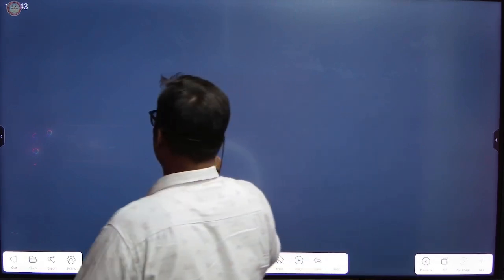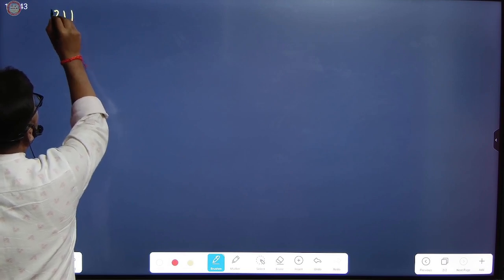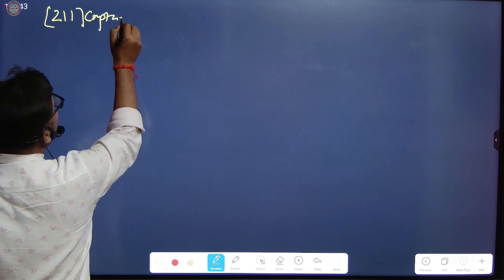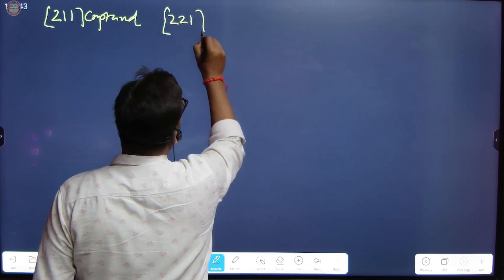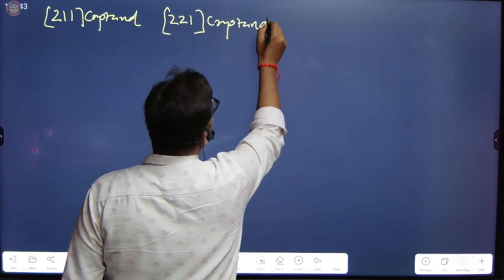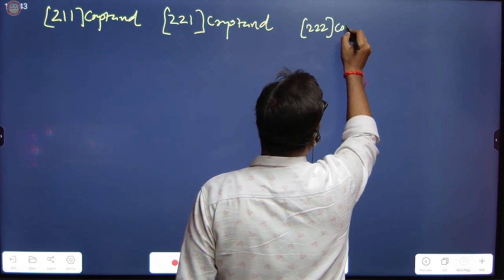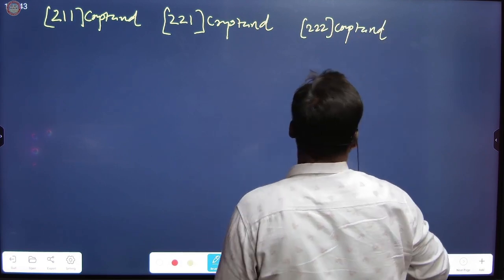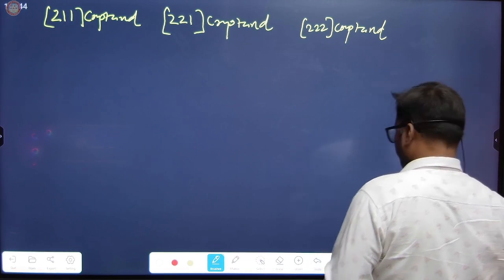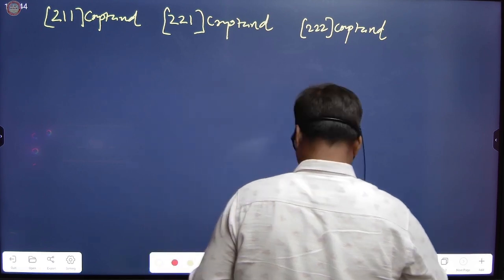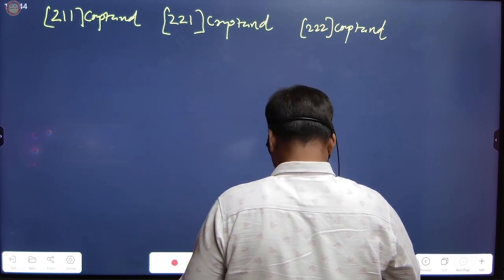Suppose we have the 1 1 cryptand, and the 2 1 cryptand, and the 2 2 cryptand, and another one with a structure like that.